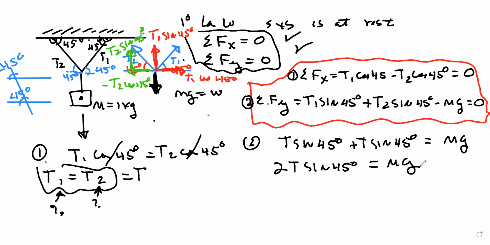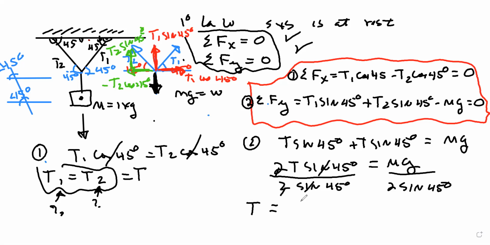And we can divide all this by 2 sine of 45 degrees. Over here, we do the same thing. So this cancels with this, and we got that T is going to be equal to mg over 2 sine of 45 degrees.